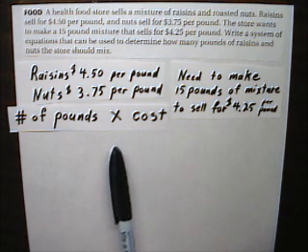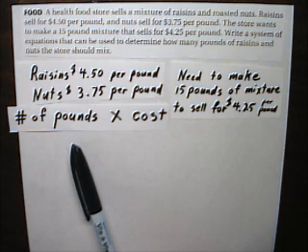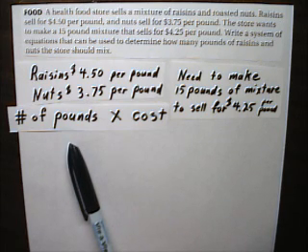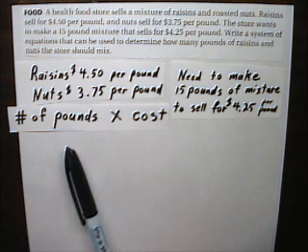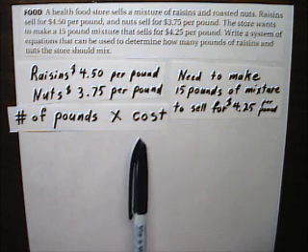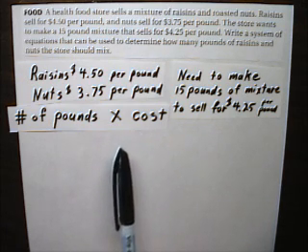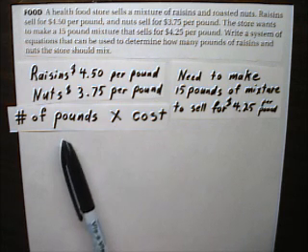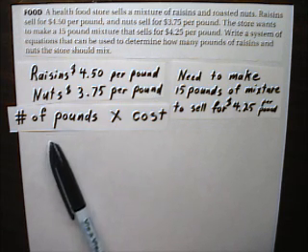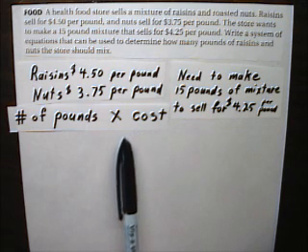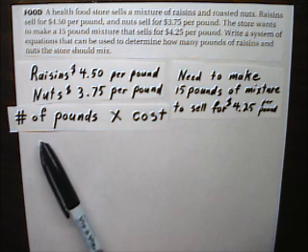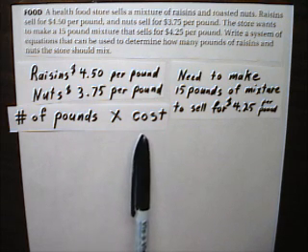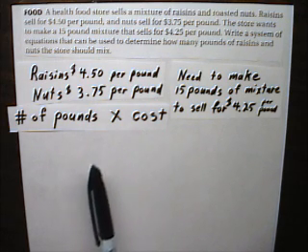This is a very reoccurring theme. When we did the story problem about the websites, it was the number of months times the cost per month. When we did the one about the soccer balls and the soccer bags, it was the number of balls times the cost per ball, and also the number of bags times the cost for each bag.